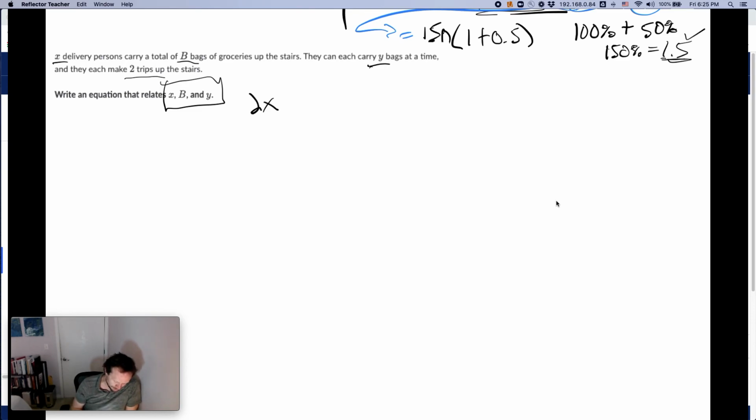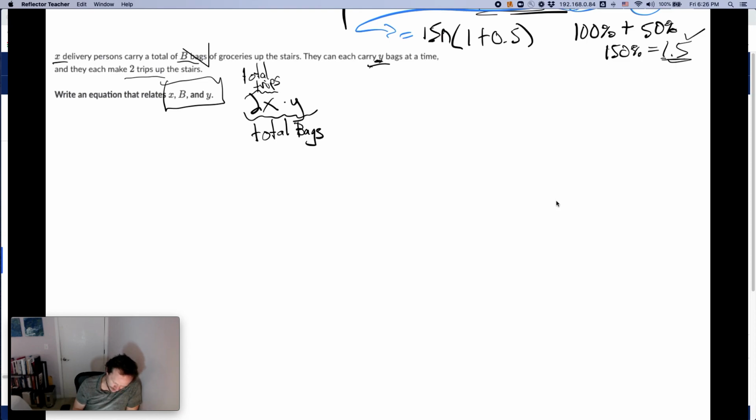In 2x trips, total trips, if each person carries Y bags at a time, 2x, the total trips, times Y should tell me the total bags. And what's total bags?